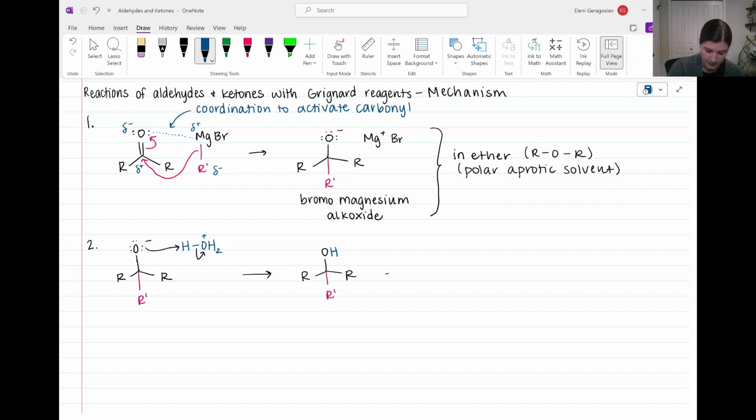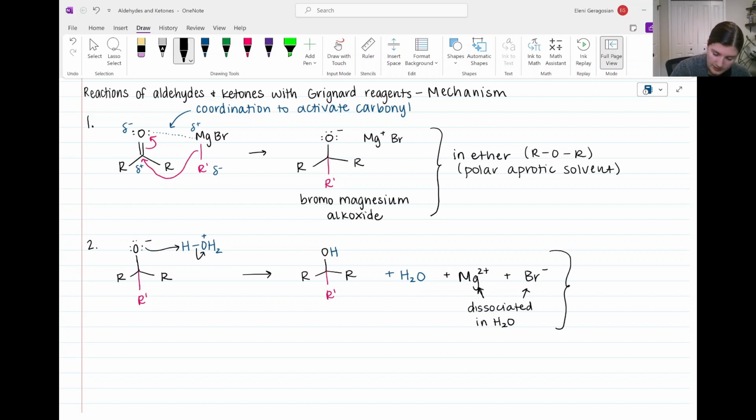We have H2O after this step, after deprotonating the acidic water, and we have magnesium and Br minus as ions, because magnesium bromide would dissociate in water into its ions. And so the second step occurs in acidic H2O.